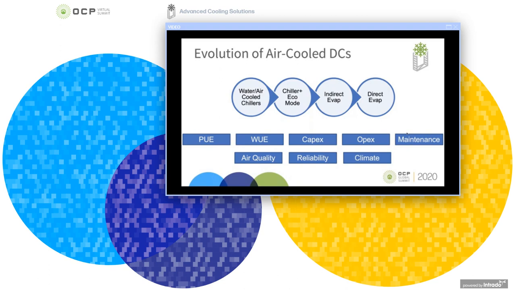Through those optimization efforts, the PUE has been going down, as well as the water consumption and the cost for those air-cooled data centers. And of course, new challenges arose as well, such as the effect of particulate contamination when introducing free cooling to the data center, and also the need to dampen the effect of sudden changes in weather profiles.